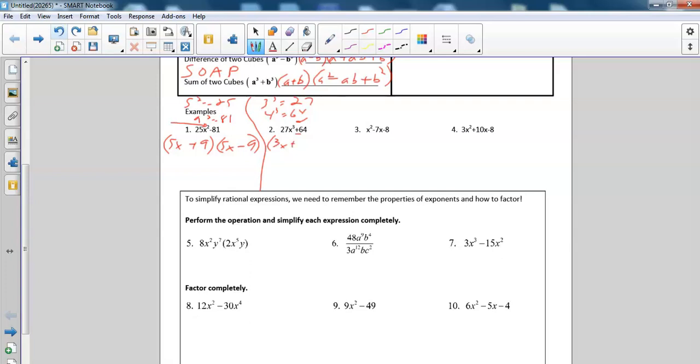Cube root of 64 is 4. Now, a squared: 3 squared is 9, x squared is x squared. Opposite, minus, a times b, so that's 4 times 3x, always positive, b squared. So that's 16.